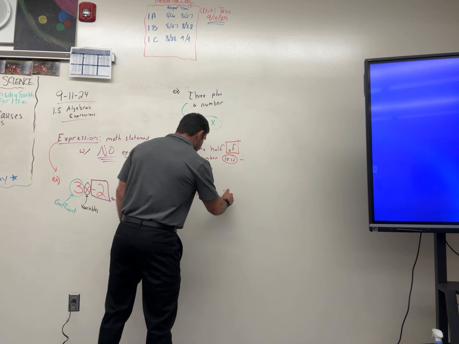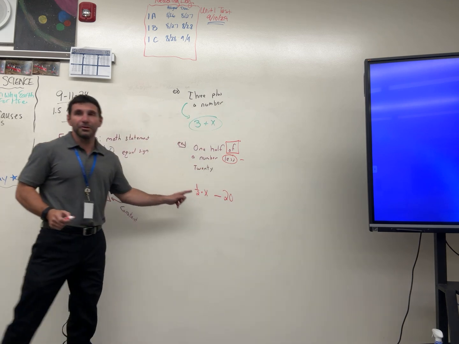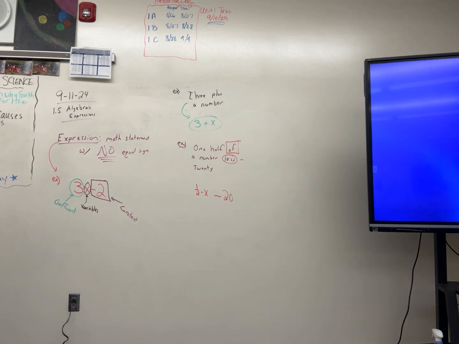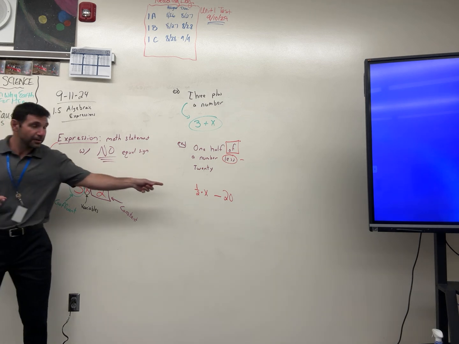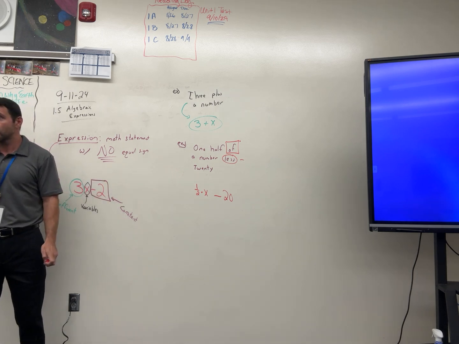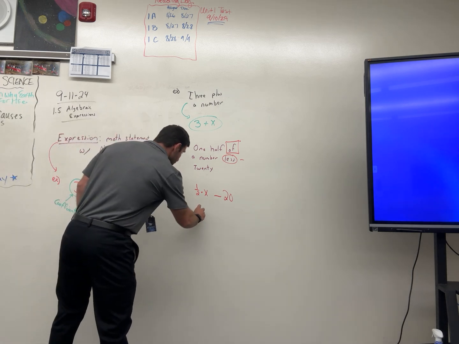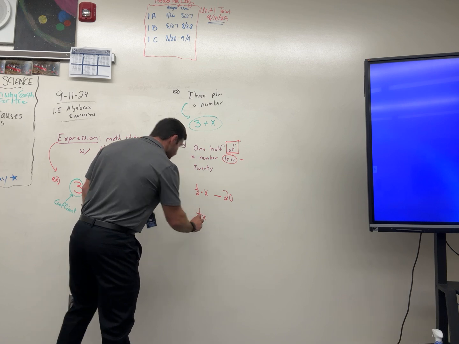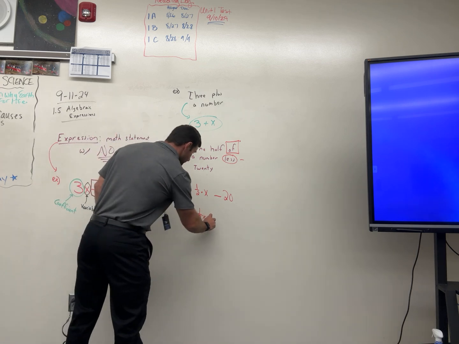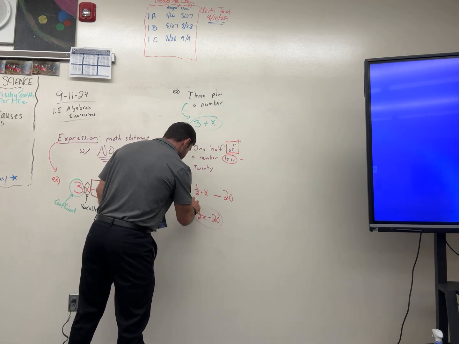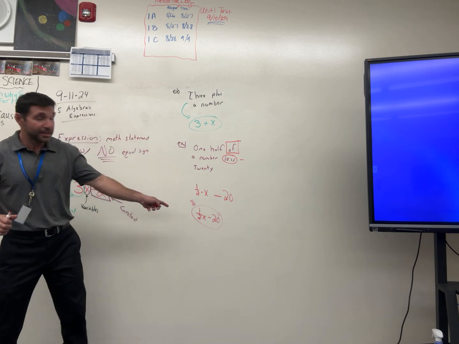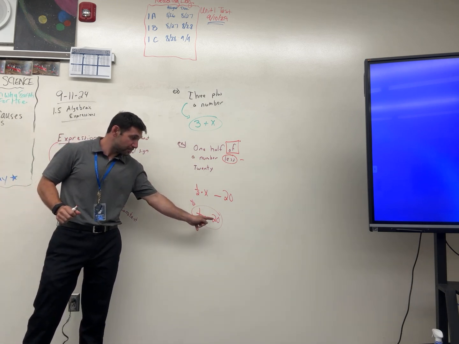20. Now, I will never write it like this because your coefficient and variable don't need to have a multiplication symbol in there. The correct, or the more efficient way, is just to have 1/2 x minus 20. This means 1/2 multiplied by x minus 20.